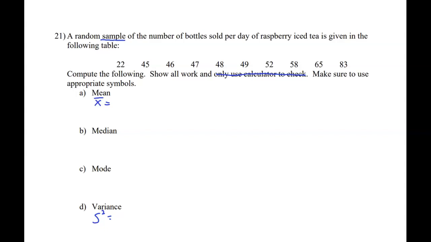Now, remember, mean, you're calculating it the exact same way. You add up all the values, and then you divide by how many you have. So if I add up all of these values, I'm going to get 515, and I'm going to divide by 10 because I have 10 different ones.